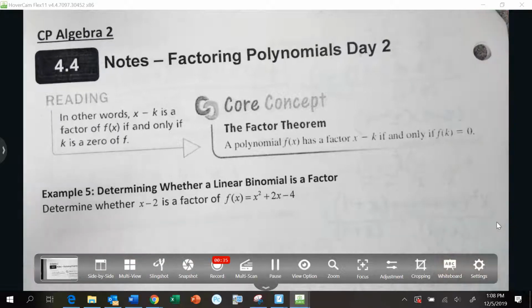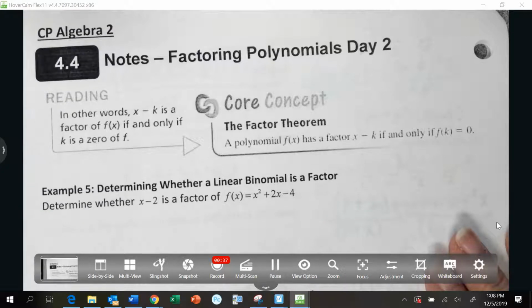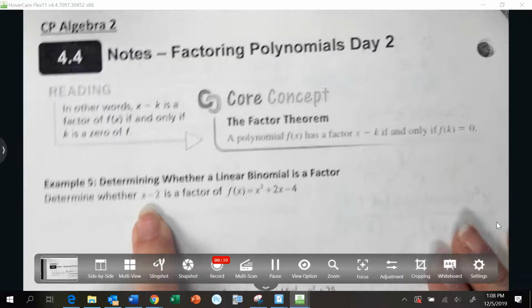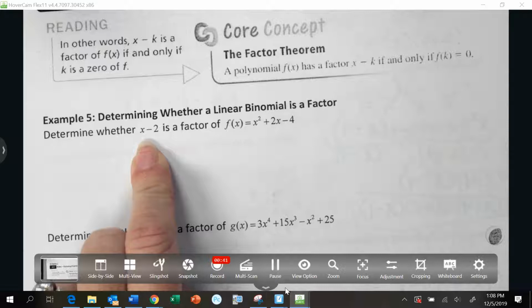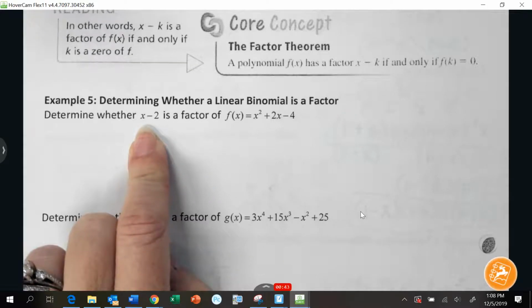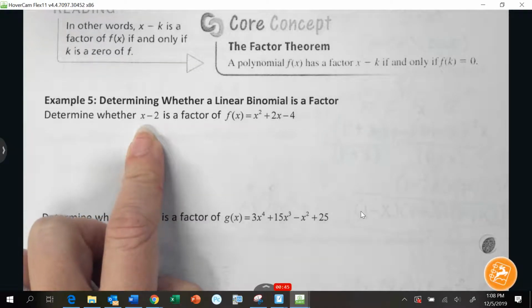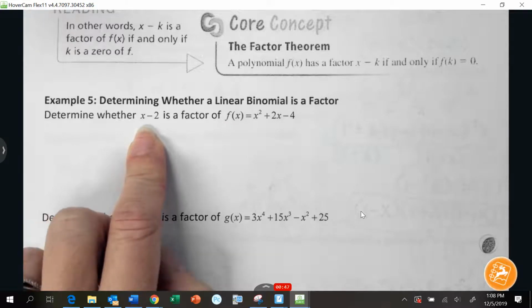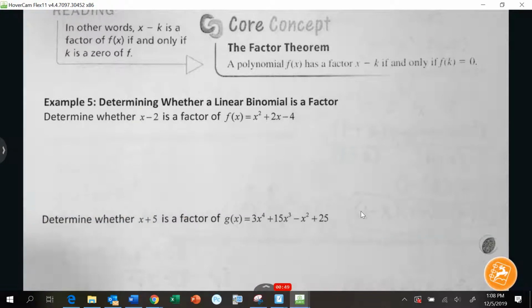Okay? Now, what that means is, here we're going to determine if x minus 2 is a factor. I'm going to use synthetic division, and if my remainder is 0, then x minus 2 will be a factor. So we're going to use synthetic division because it's faster.